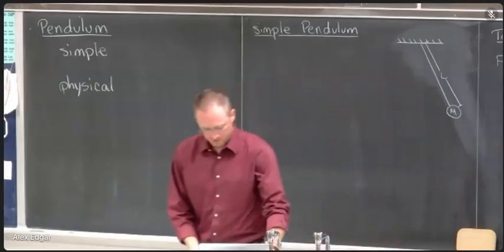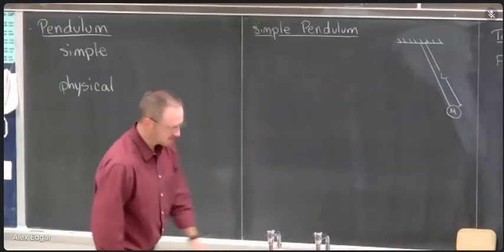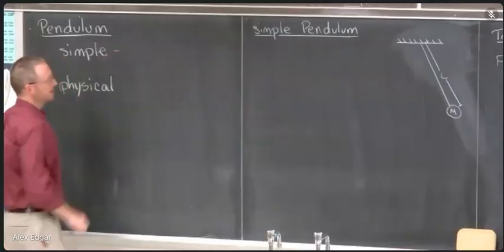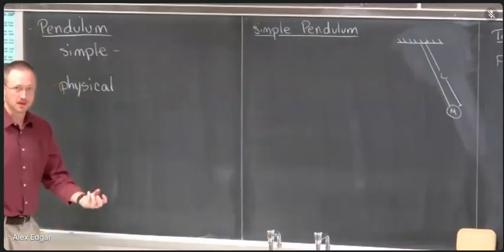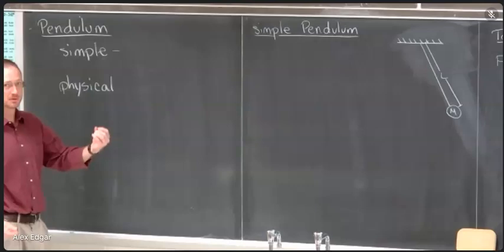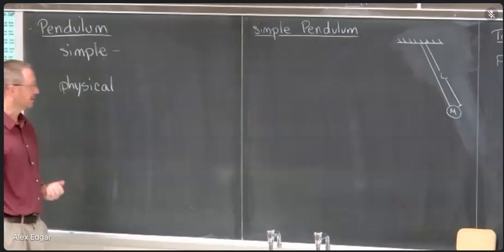A simple pendulum is one in which the mass of the pendulum bob, as I just showed you, is considerably more than the string that is supporting it.